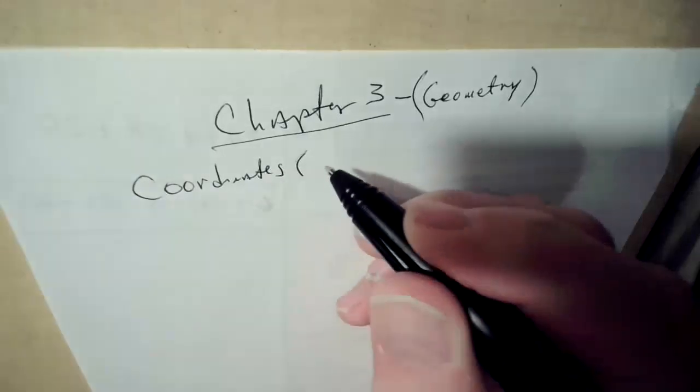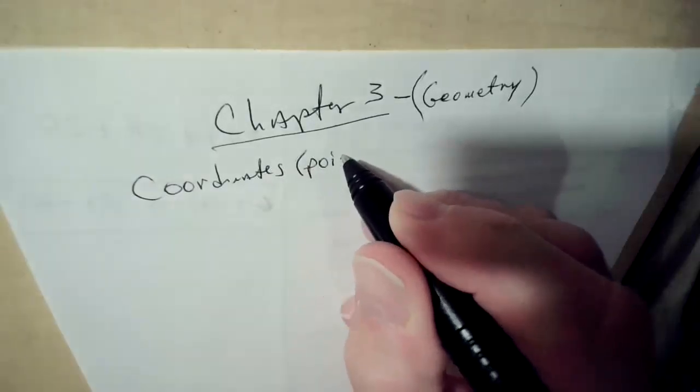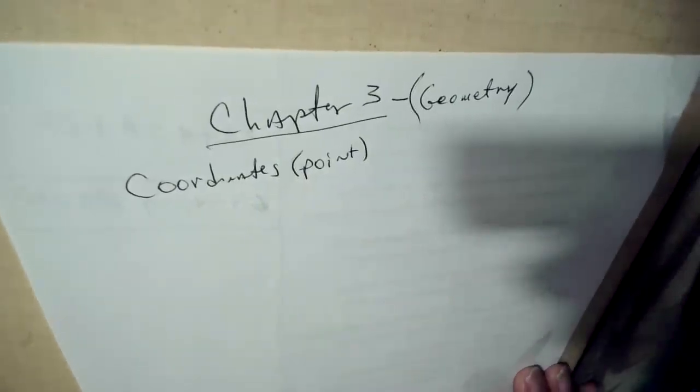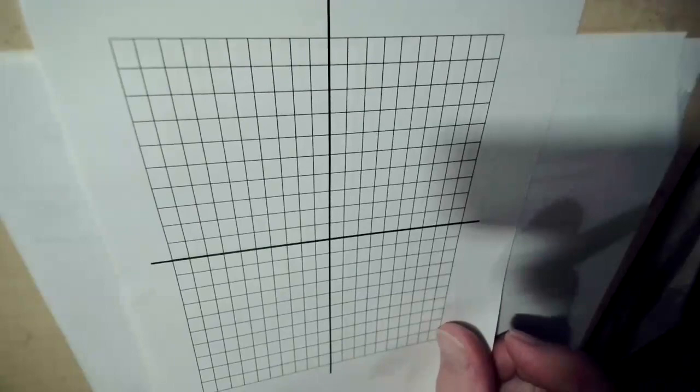Coordinates are points on a coordinate plane. A coordinate plane is that.